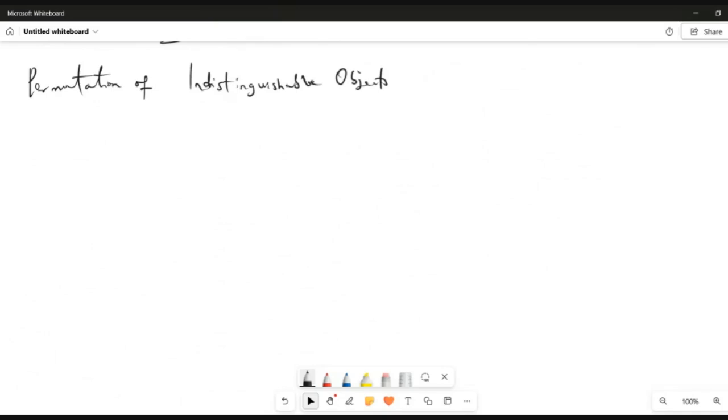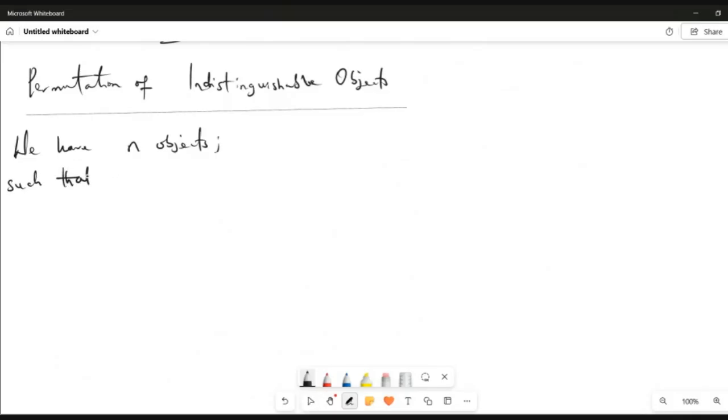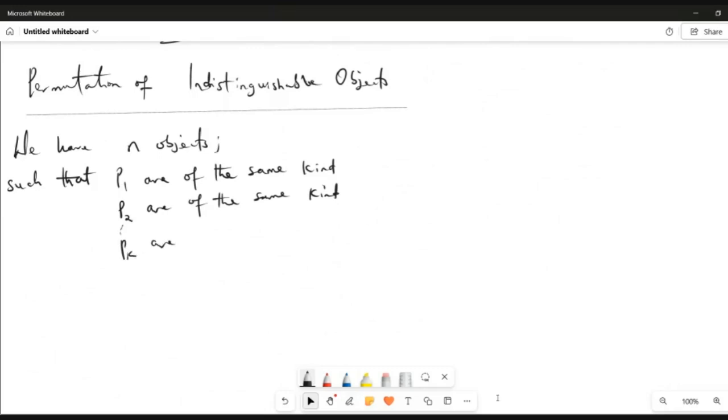So that is, let's say we have n objects such that P1 are of the same first kind, P2 are of the same second kind, and it continues like that, and PK are of the same kth kind.